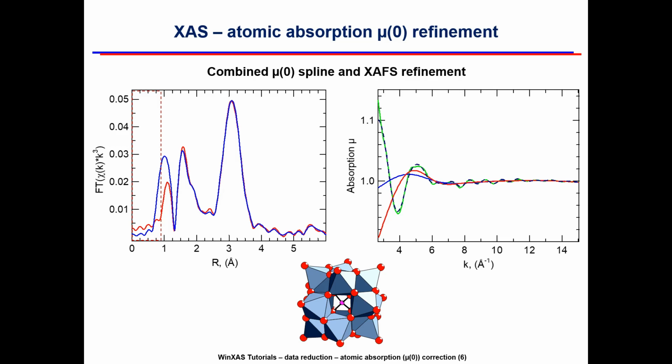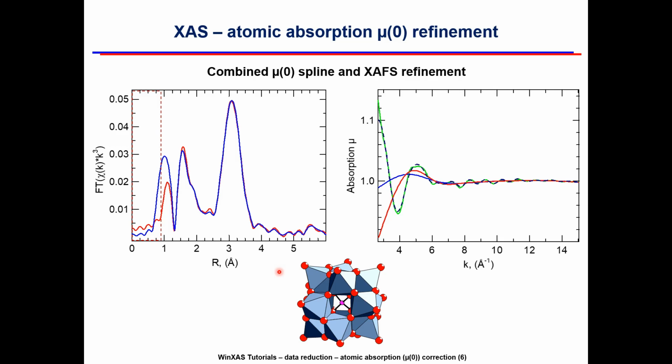Performing the mu0 refinement in the R space and minimizing the total signal in the low R range will be suitable for the majority of samples. However, for compounds with very short nearest neighbor distances, like, for instance, certain molybdenum or vanadium oxides, the underlying assumption may not hold true anymore.